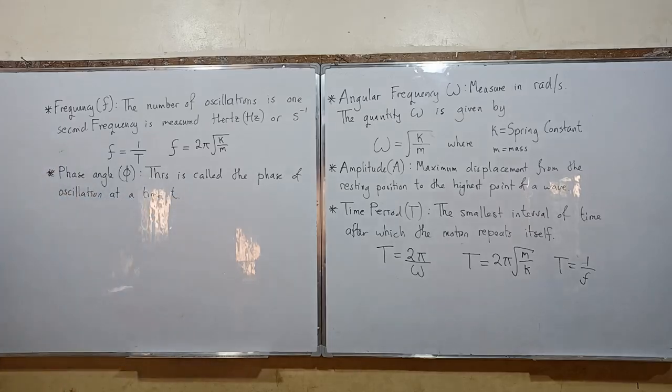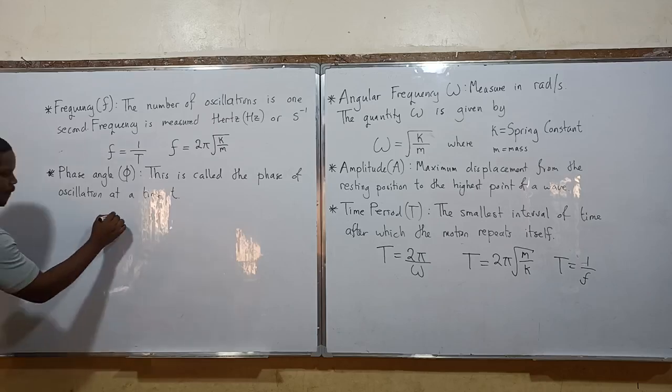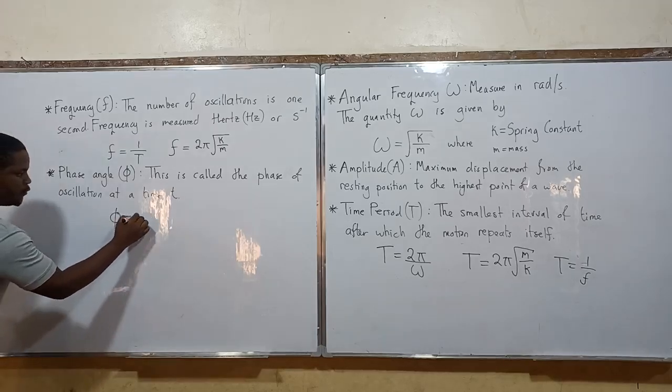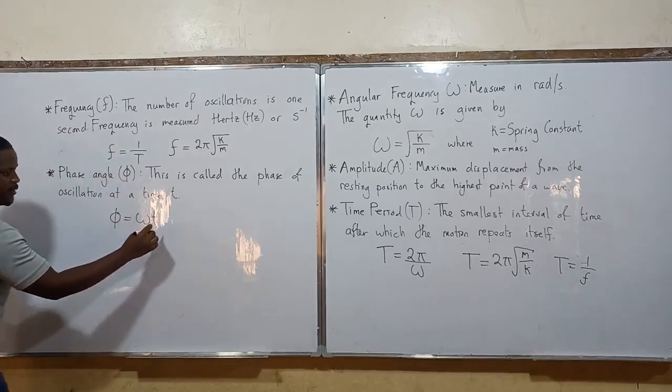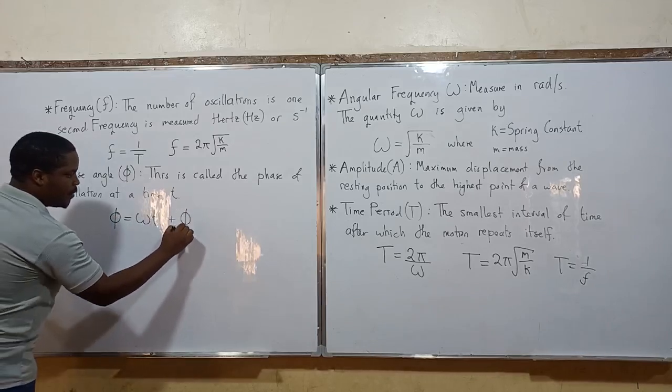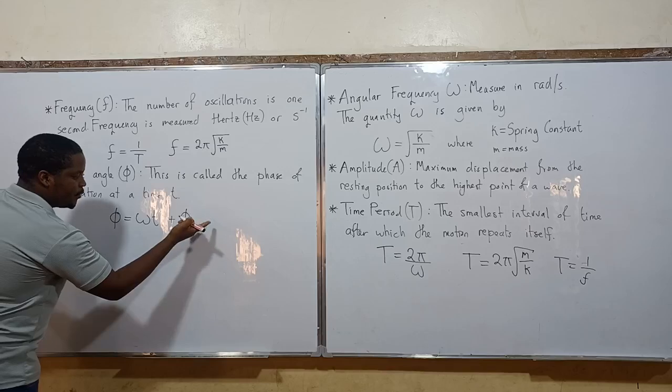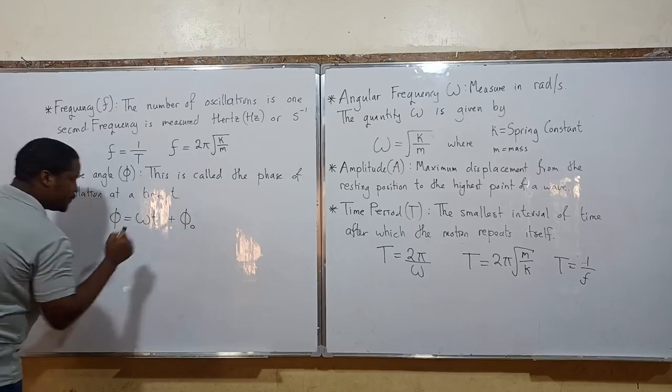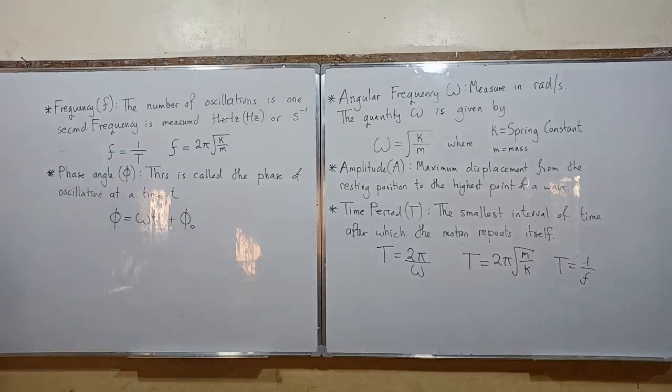The phase of oscillation at a time t. Phase angle is equal to omega t plus the initial phase. Phase angle is equal to omega t plus, which one can you use? You can use a naught to represent initial.